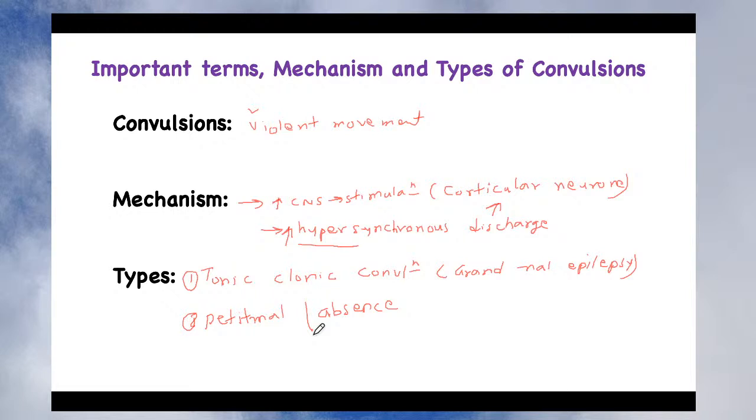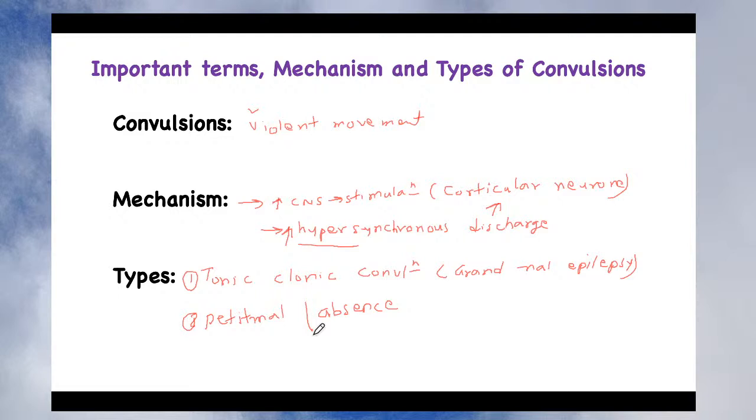Now, what could be the ongoing conscious activity? Suppose you are speaking with your friend and you suddenly stop in between, or in mid sentence. If you are walking and suddenly you stop, right? If you stop in between, this indicates that the patient may be suffering from absence seizure, and that is not under his control.